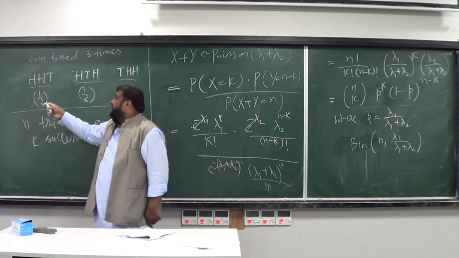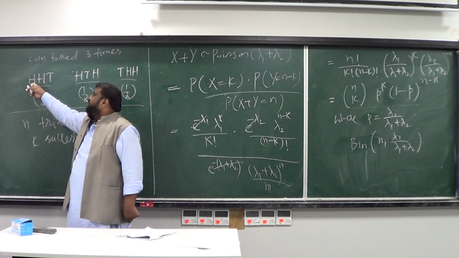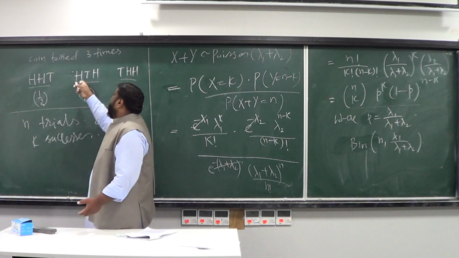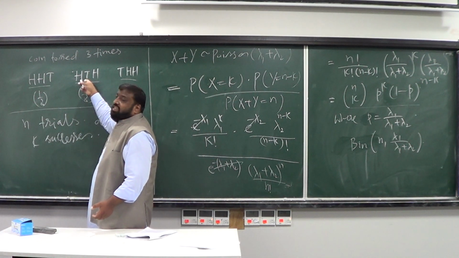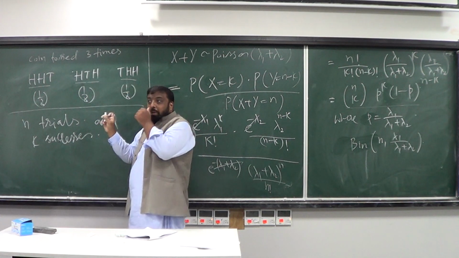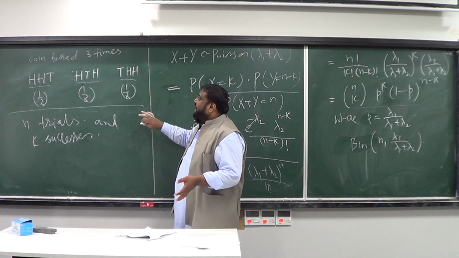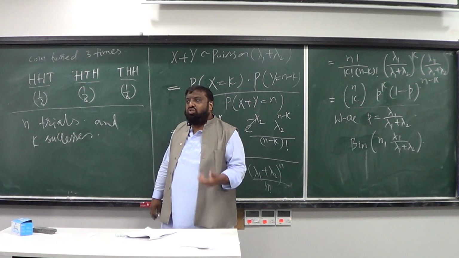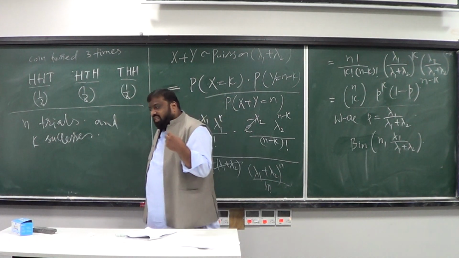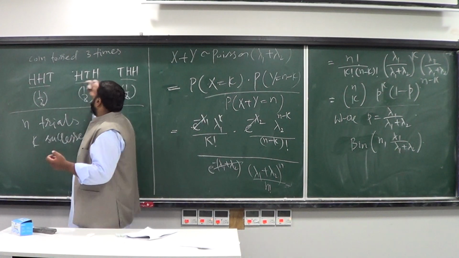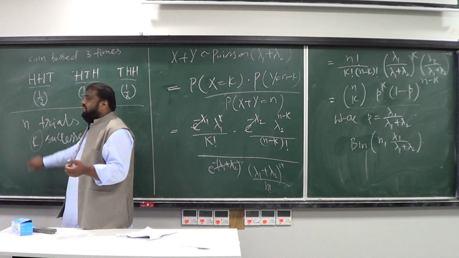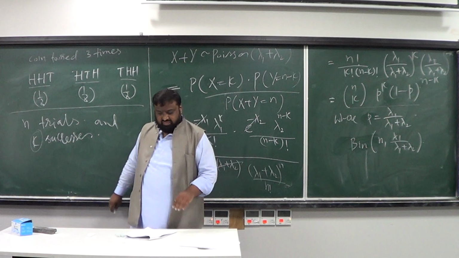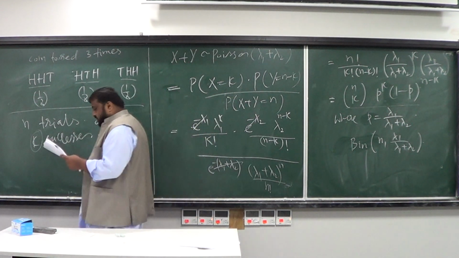So in other words, your first 2 successes being head and third being tail has the same probability as if first and third are head and second is tail, and it is the same as this. So imagine I now toss the coin, say, n times, and I want to show that the probability of each one of such orderings in which you have k heads, all these orderings have the same probability. This is what I would like to show.